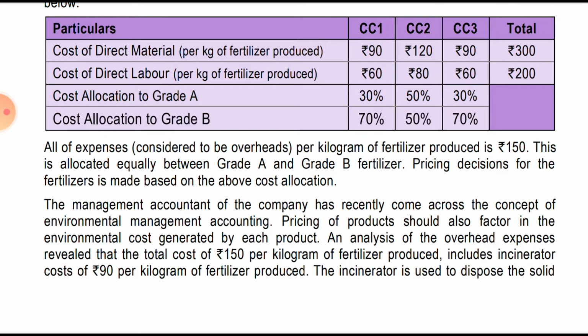This 150 is divided in equal amounts and allocated to grade A and grade B. Pricing decision for the fertilizer is made based on the above cost allocation, that is for labor and material and the equal allocation for that 150.